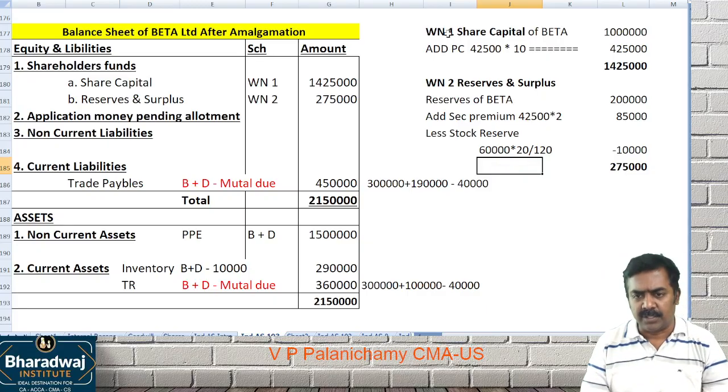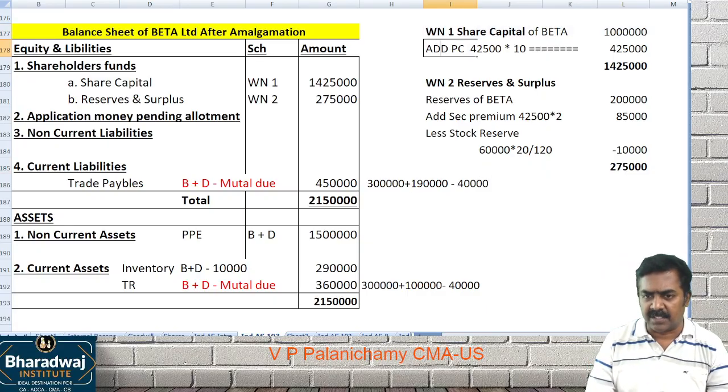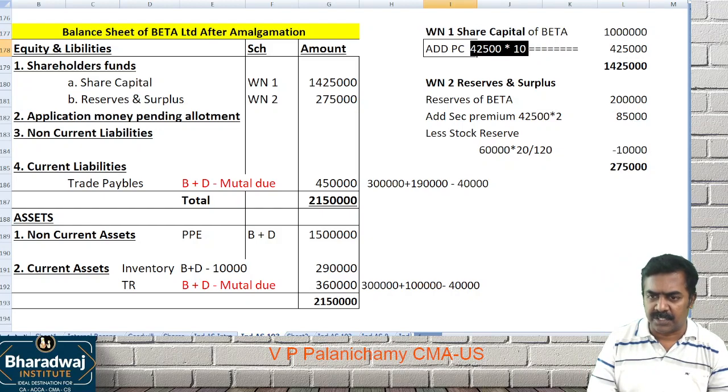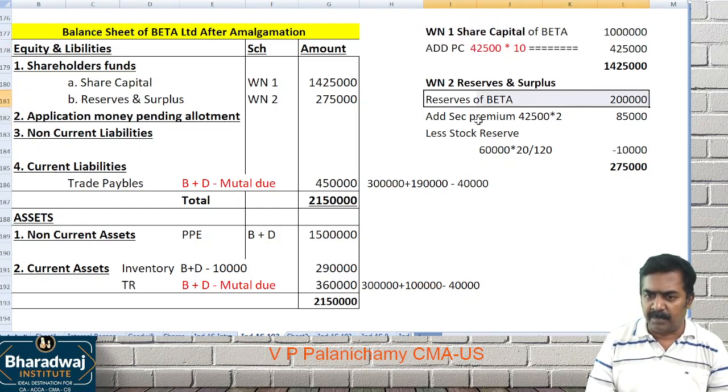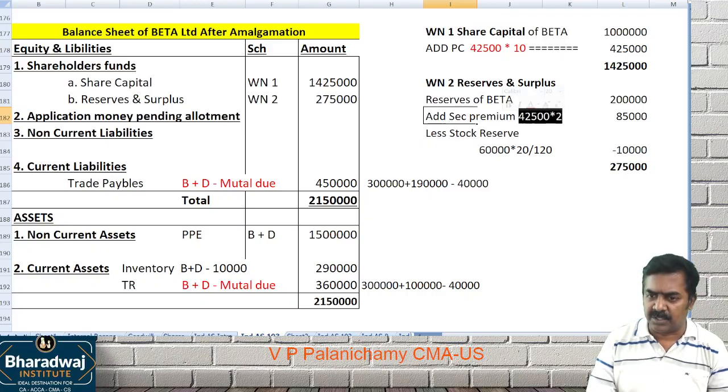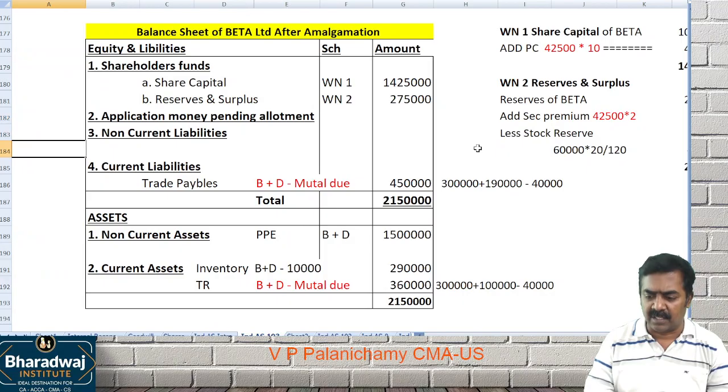I repeat, share capital of beta plus purchase consideration 42,000 shares into 10 rupees. Only the face value. Reserves of beta plus the securities premium on the shares allotted, minus, what is the purpose of removing stock reserve? To show the stock at what price? Cost price.